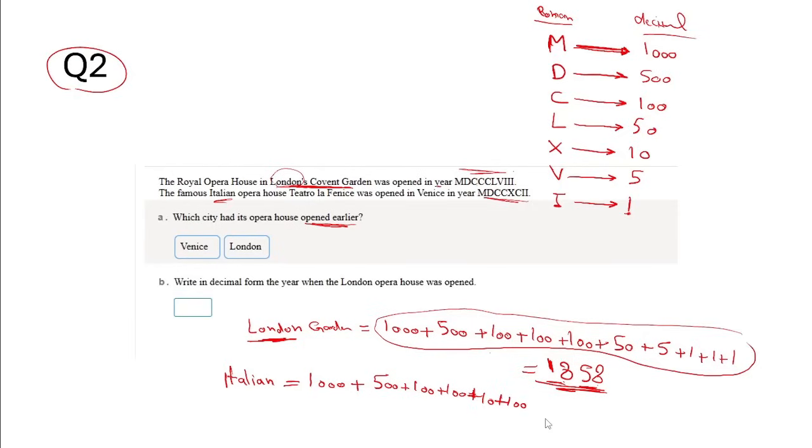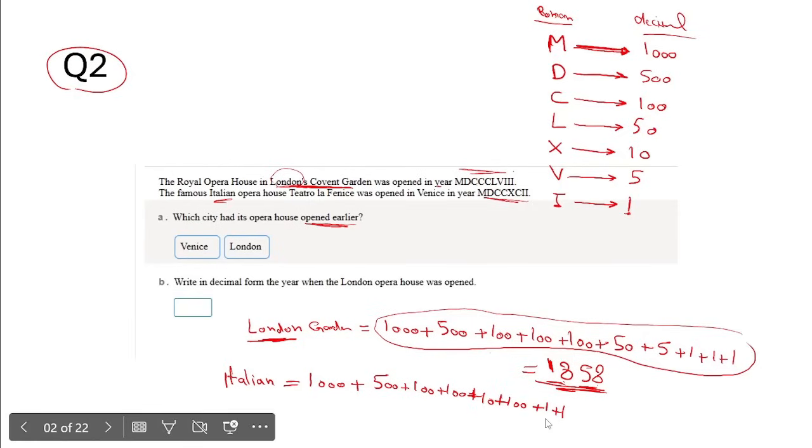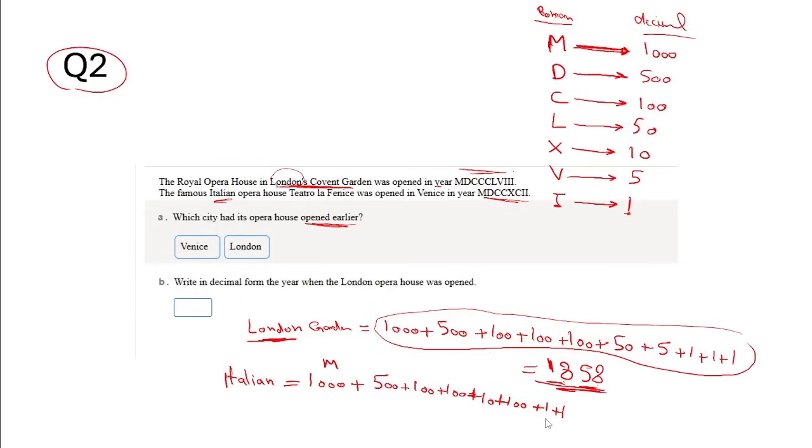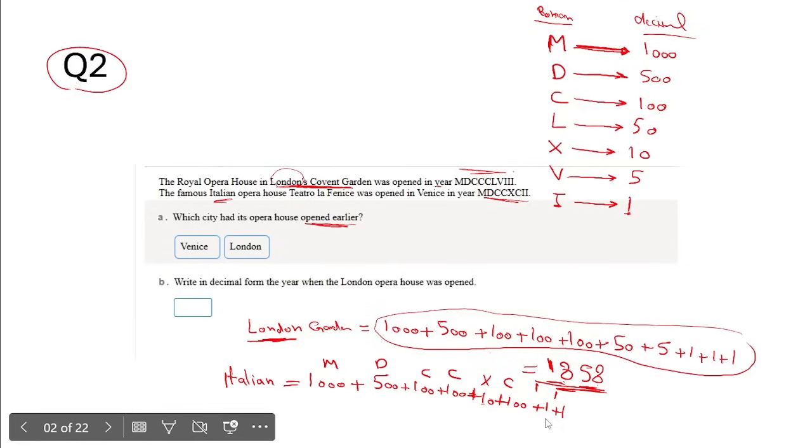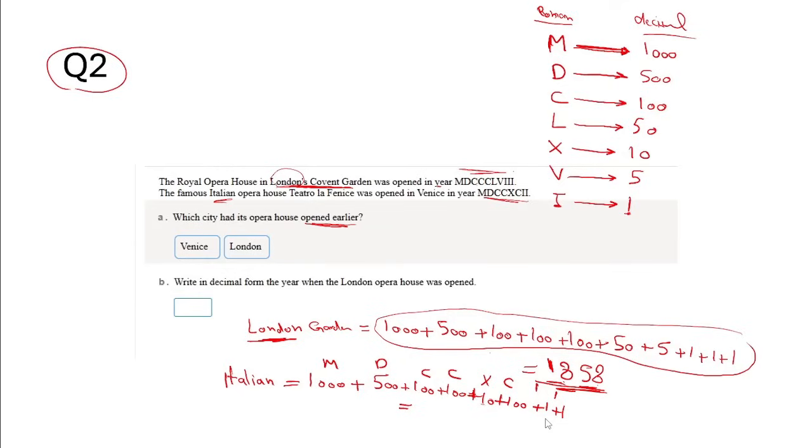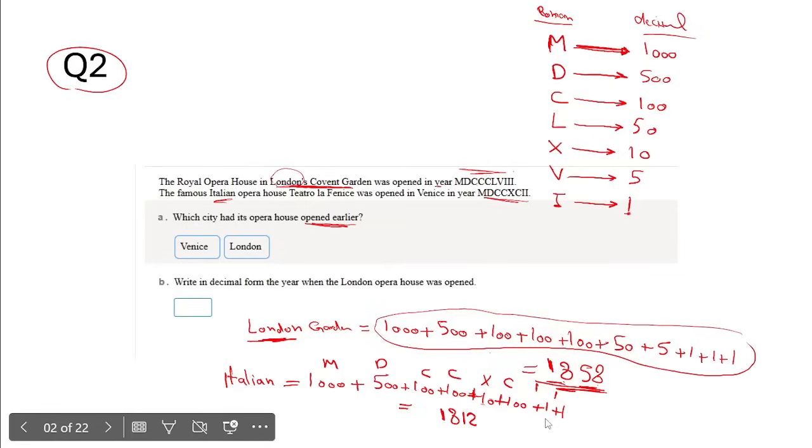I and I, which is plus 1 plus 1. So let's calculate this one. 1,000 plus 500 plus 100 plus 100 plus 10 plus 1 plus 1 will be 1,812. This is the year 1812.